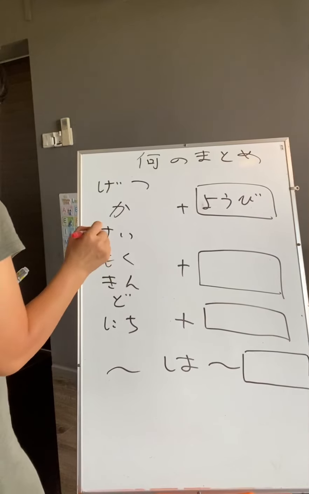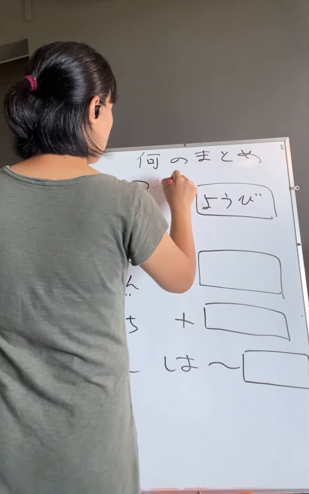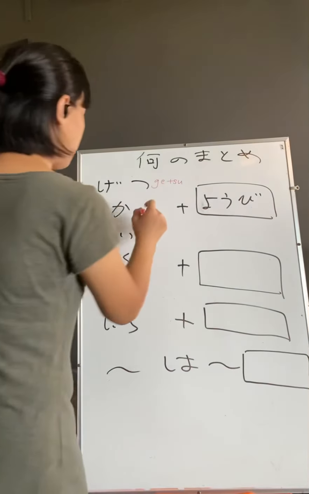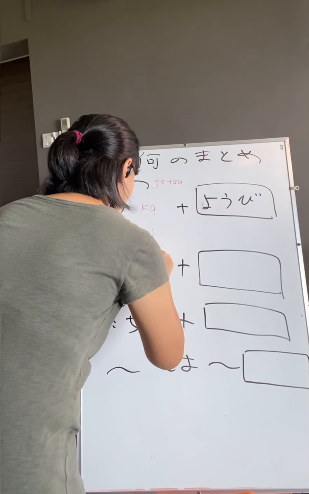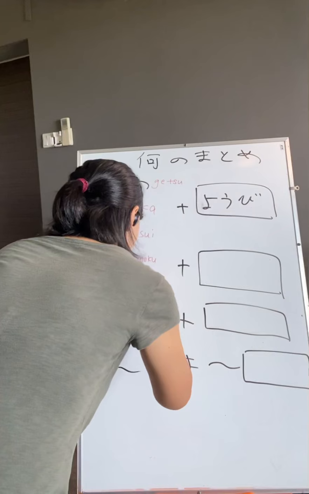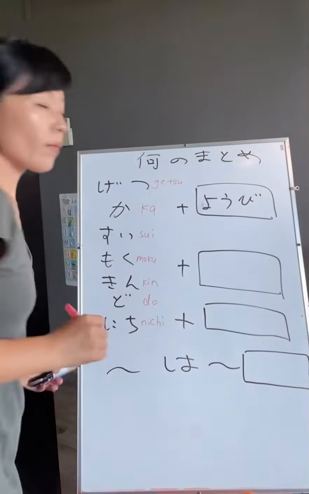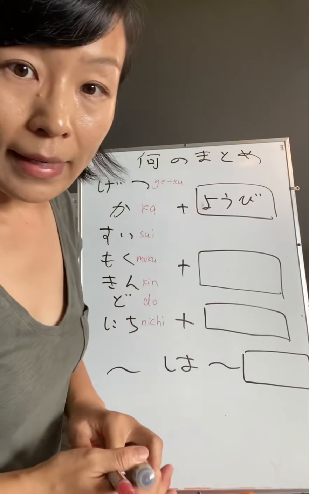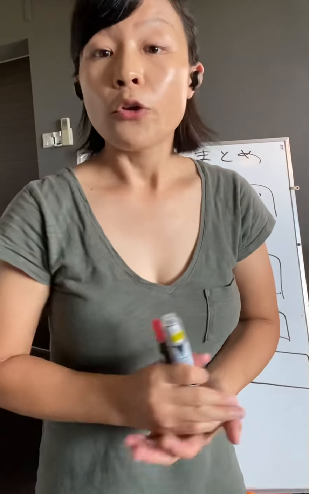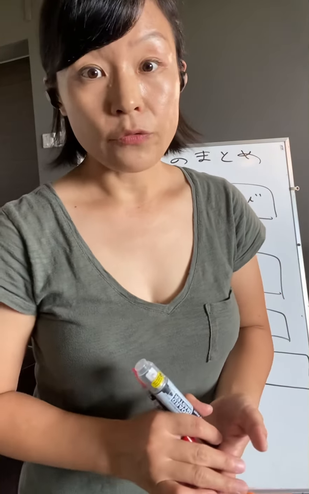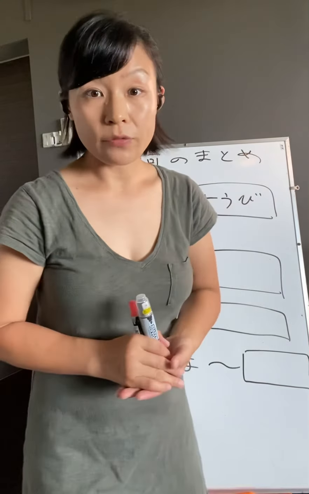So the first one is 月ね、月火水木金土日いいですか？一緒に読みましょう。Let's read together. 一緒に means together. 読みましょう。Let's read. 一緒に読みましょう。Let's read together.